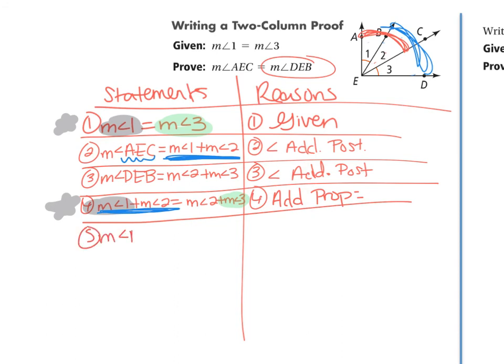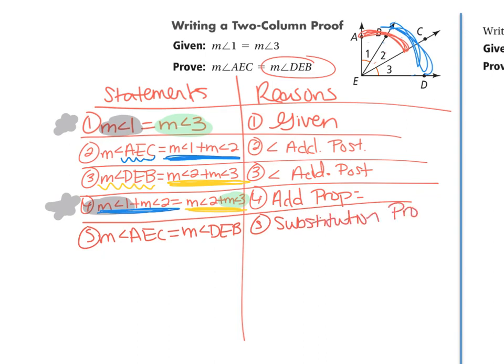The measure of angle AEC is going to equal the other one, angle 2 plus angle 3. That's right there. So it'll be the measure of angle DEB. So what did I do? When I plugged that in, I used substitution. So substitution property of equality.